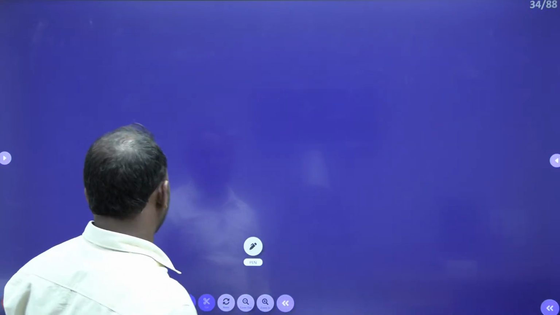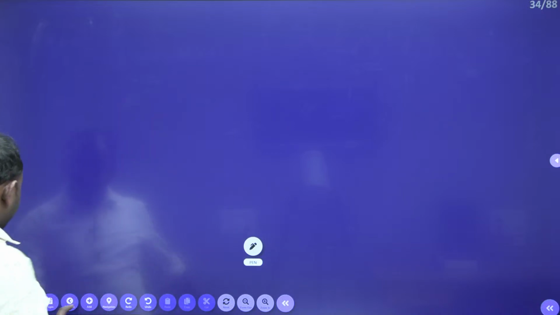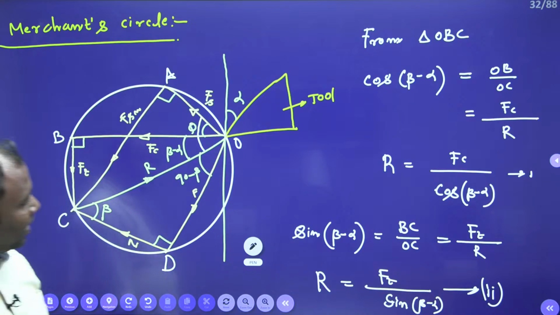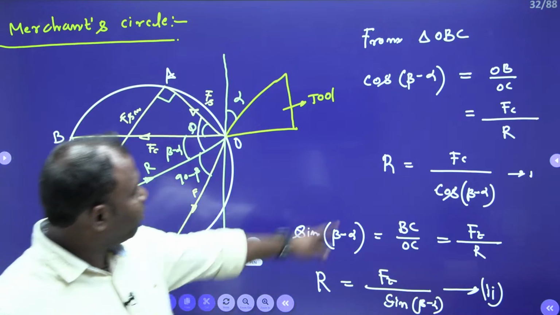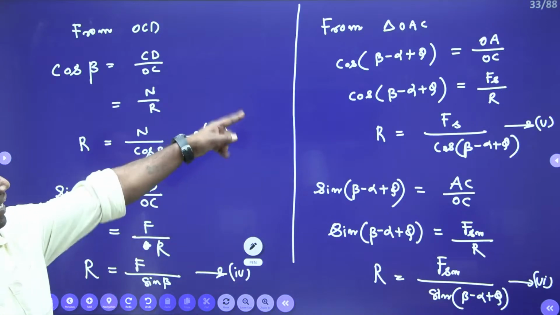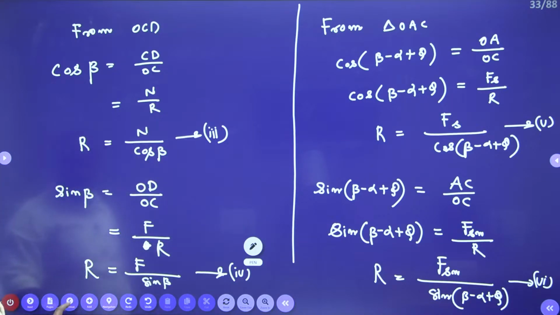Okay. Now, let us see that. Suppose I take equation number 1 and equation number 5. Both are equal to R, right?